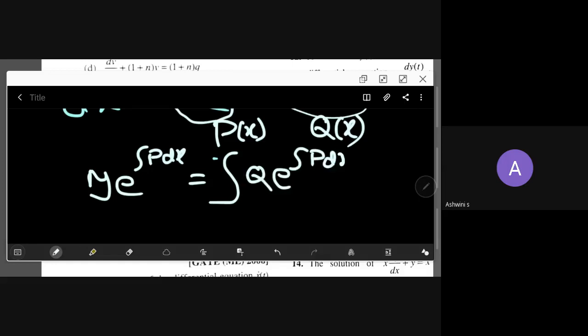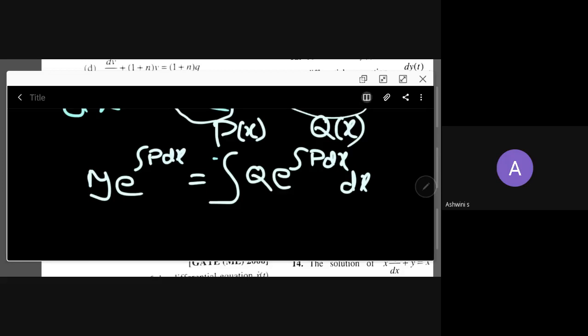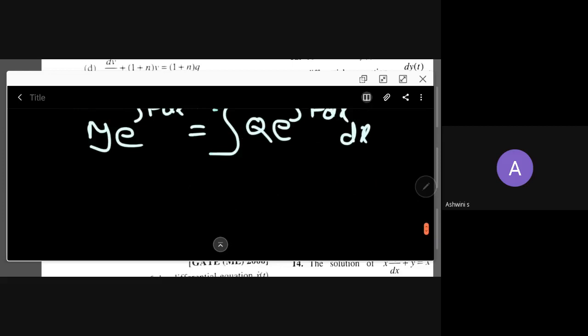This is the formula. What is our p? Our p is 2 by x.